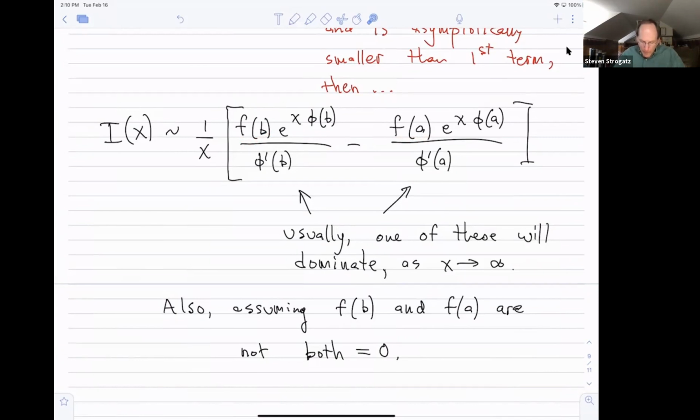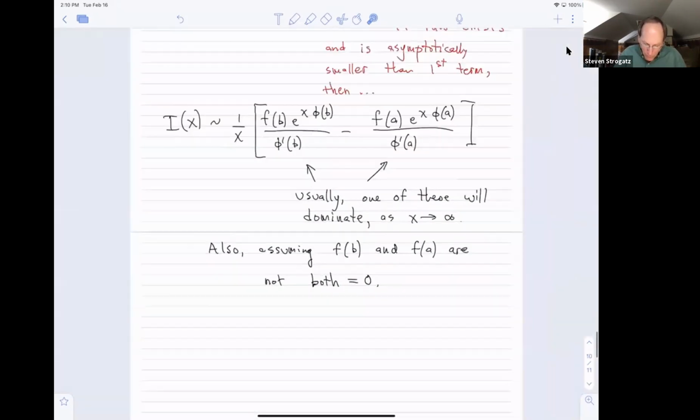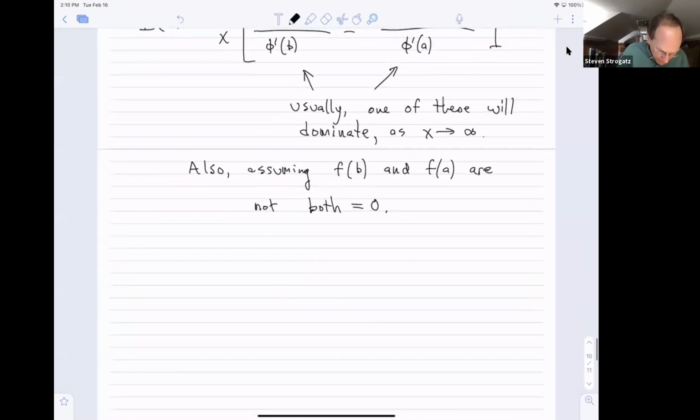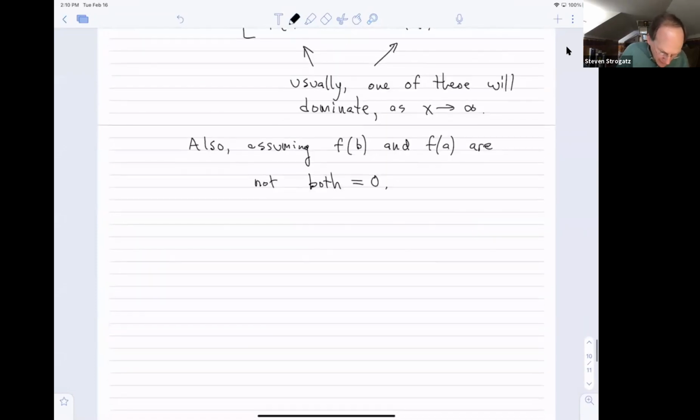So I'll just mention what you expect when you have this integration by parts situation, which is that the method, as you can see, is generating powers of 1 over x times other stuff.